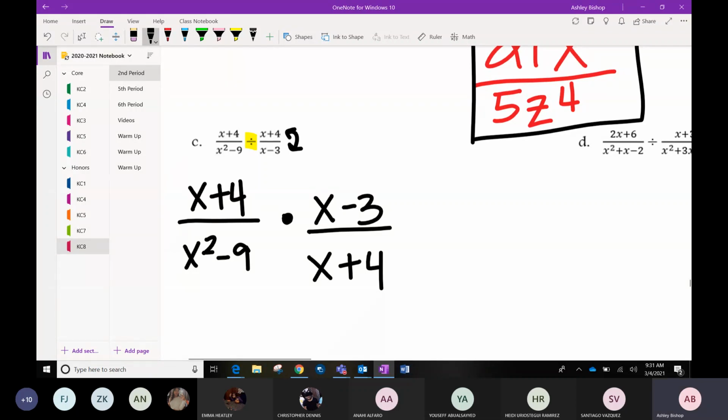Now this is a problem that I am comfortable with. Somebody please tell me in the chat, what is the next thing I have to do? What's something important that I have to do here?